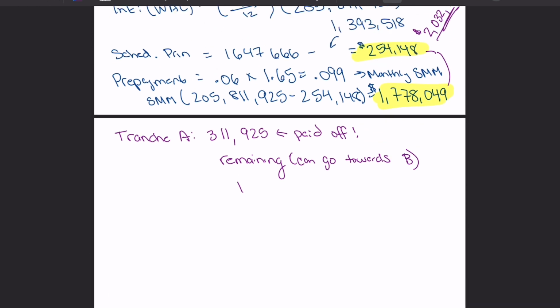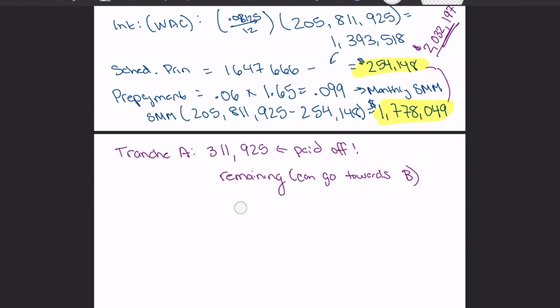It would be the sum, the $2,032,197 minus the $311,925, or $1,720,272. This is going towards B.